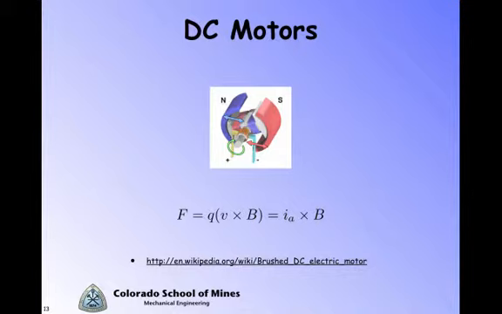If you look closely, you'll see a cyan and a yellow set of bars that come up and touch the rotor, and those are brushes.